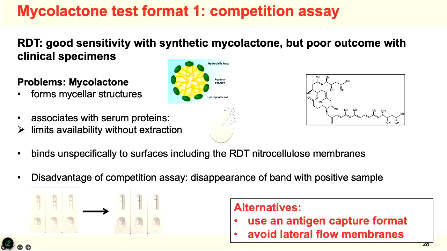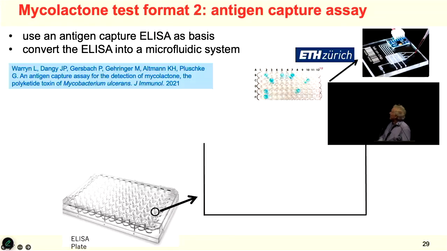And so François said we shouldn't give up too early. So we haven't given up. We go for an alternative, which is an antigen capture format, and we try to avoid the lateral flow membrane.